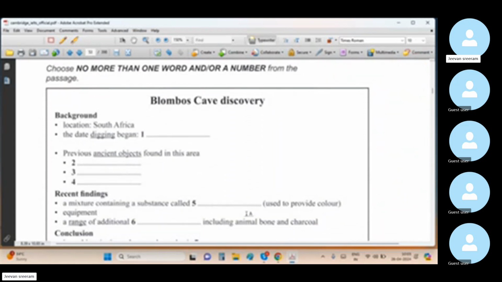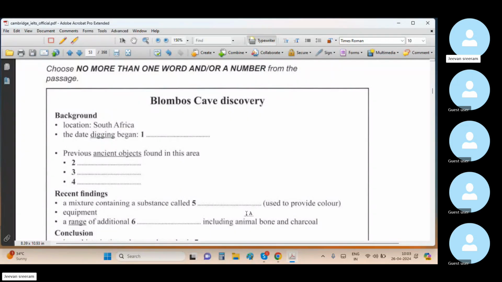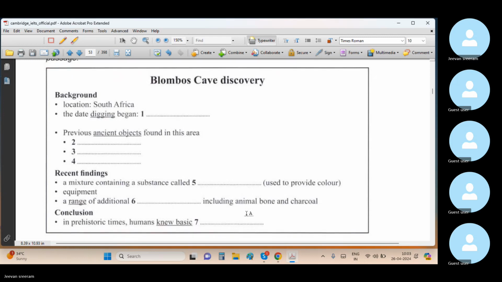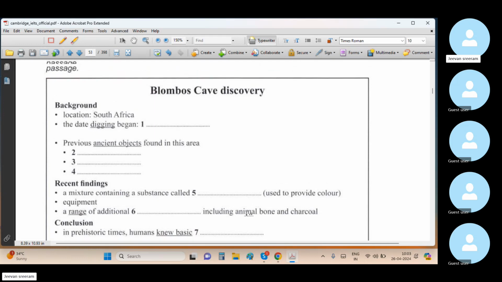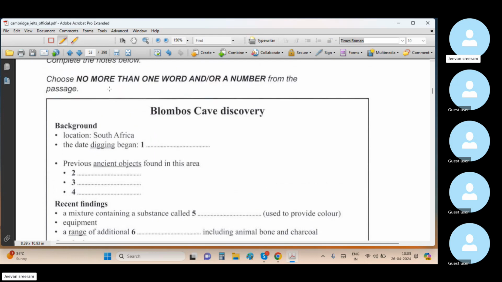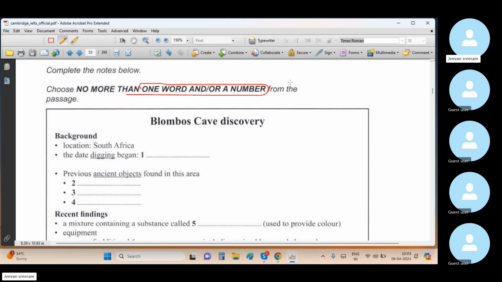Based on the same passage, you should be able to summarize the information by finishing these fill in the blanks questions. Not more than one word or a number. So what are the possible ways to answer? You can write one word. You can even write one number as an answer.